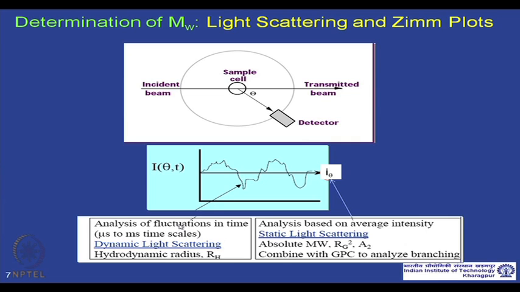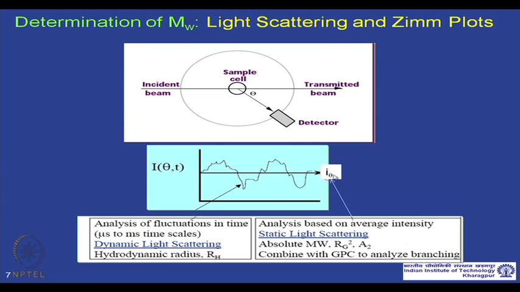From this fluctuation of the scattered intensity, we can apply techniques like dynamic light scattering, which take advantage of this fluctuation, and we can get information about the radius of gyration and hydrodynamic radius of the polymer molecules.